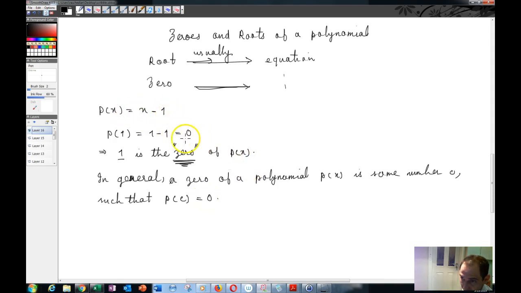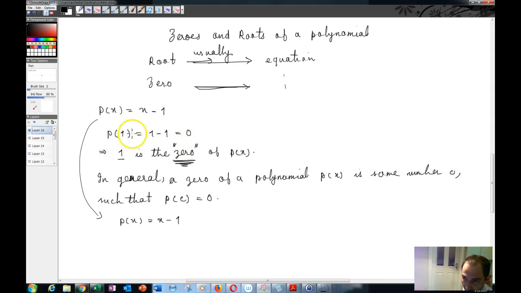Over here, when we wanted to find this number 1, what we would have to do is that you have p of x is equal to x minus 1. The condition for this number 1 to be a 0 of this polynomial is that if I use this number as an input of the polynomial, the output of the polynomial has to be equal to 0.